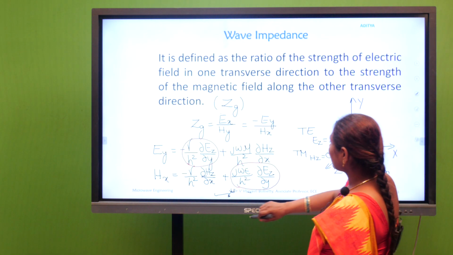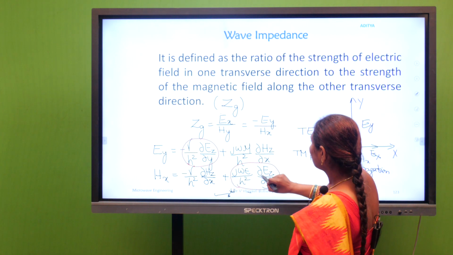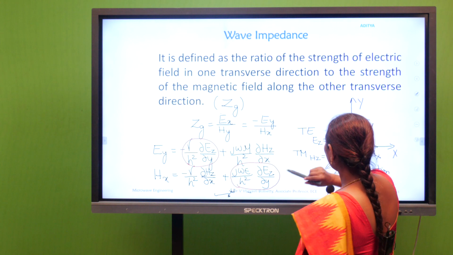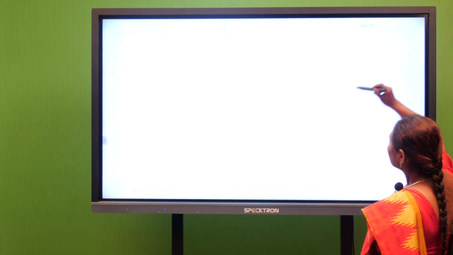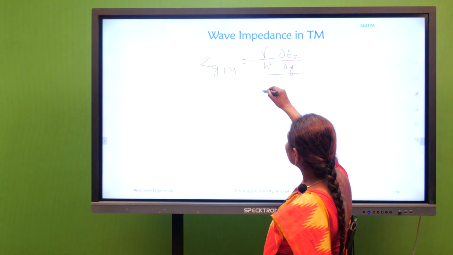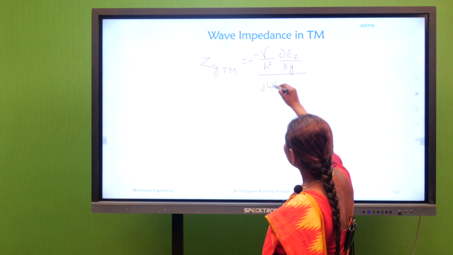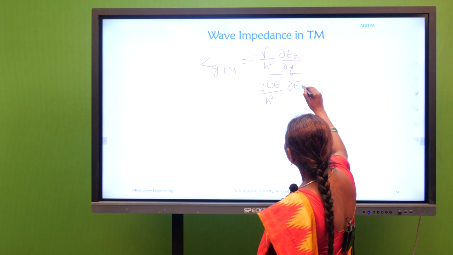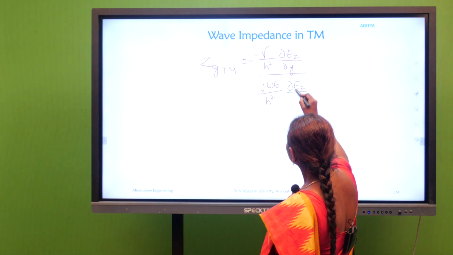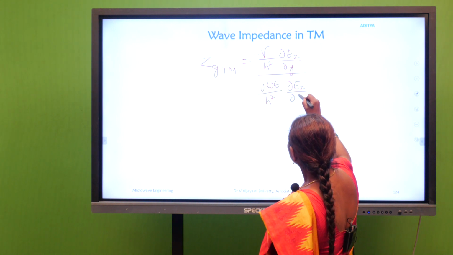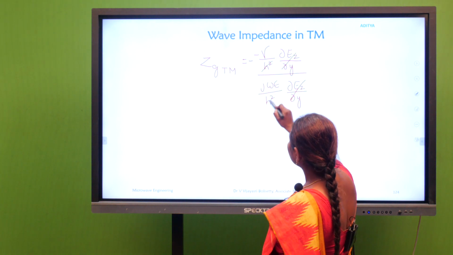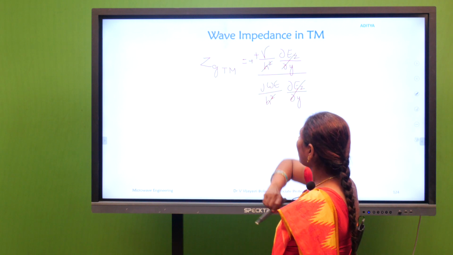So, in the Hx we have j omega epsilon by h square dou Ez by dou y. Okay. So, we substitute that j omega epsilon by h square dou Ez by dou y. So, this will get cancelled, h square will get cancelled, and here we have the 2 minus.